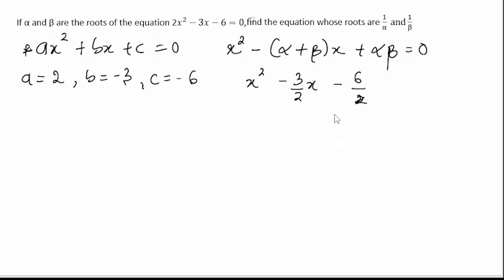All right, so if we compare these two, we can see that our alpha plus beta is actually equal to 3 over 2, and my alpha beta is actually equal to minus 6 over 2, which can be simplified to negative 3.